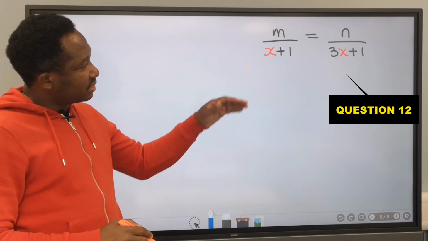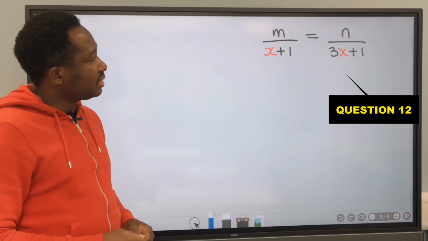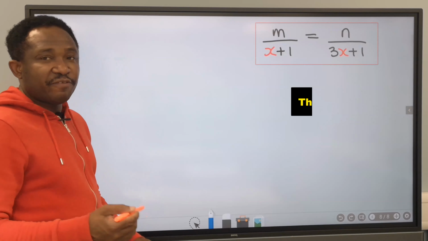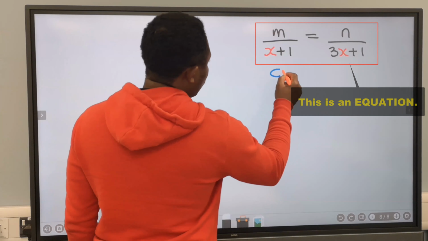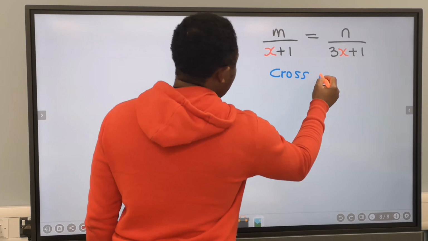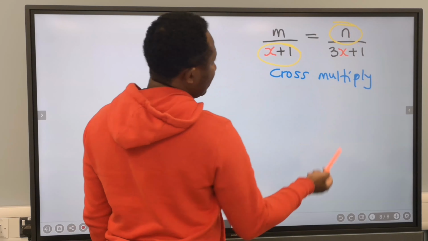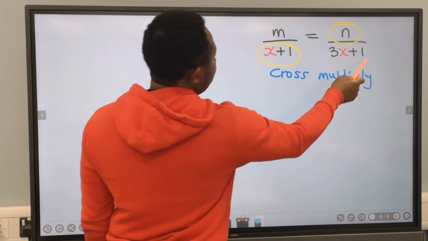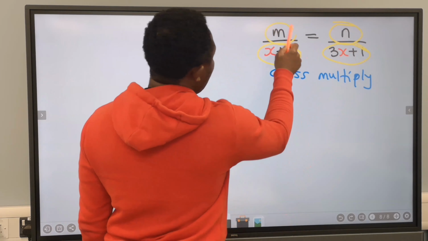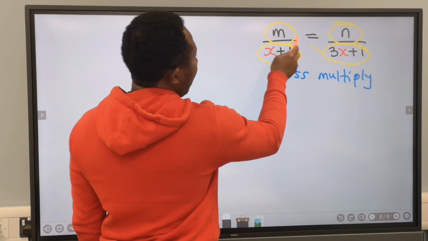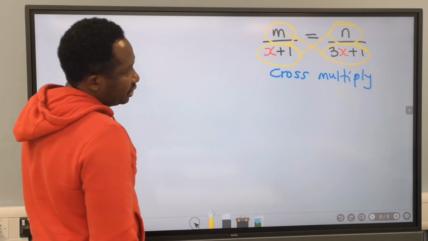Let's make x the subject in this equation. The first step is to cross multiply. That is, everything here will multiply this, and this at the denominator will multiply this by cross multiplication.